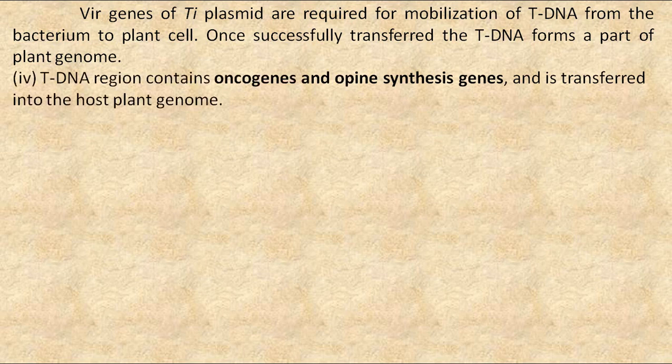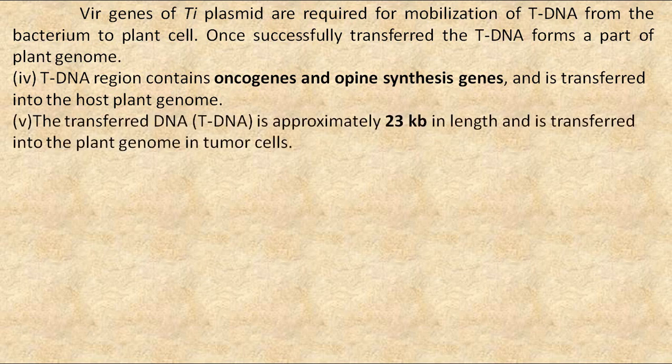The tDNA region contains oncogenes and opine synthesis genes and is transferred into the host plant genome. The transferred DNA is approximately 23 kb in length and is transferred into the plant genome in tumor cells.